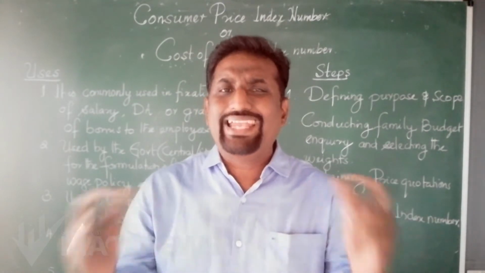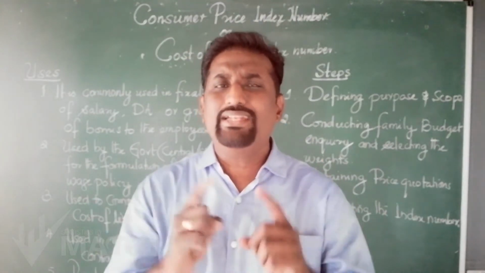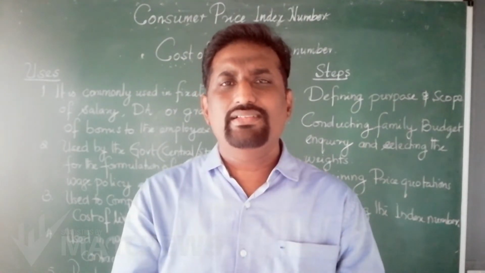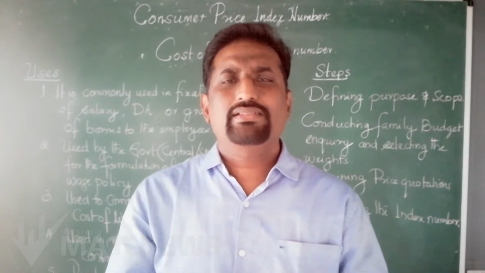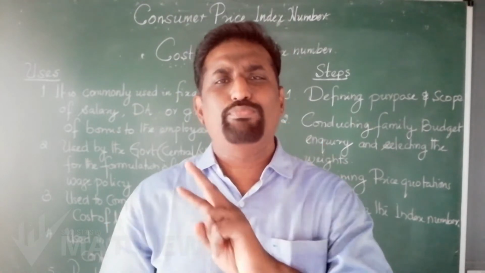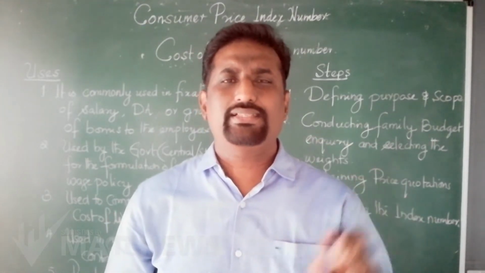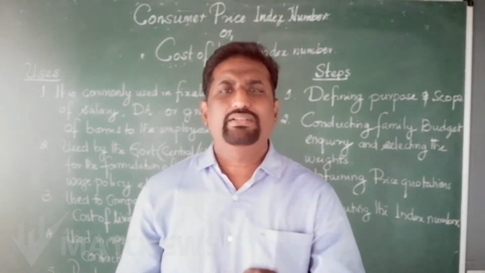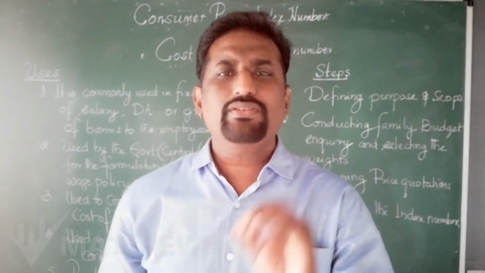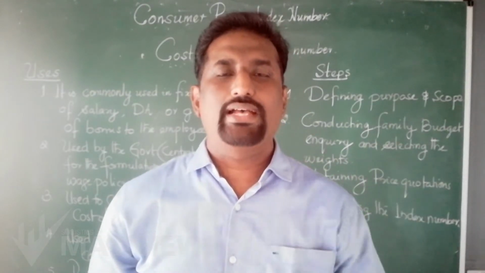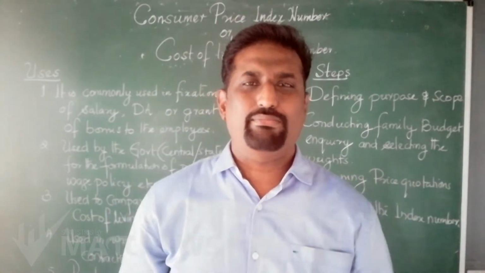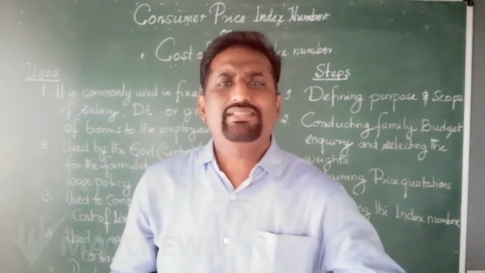In that, we found that one index number, Fisher's index number, satisfies almost everything, and especially 2 important tests, the time reversal test and the factor reversal test. That is one of the reasons why Fisher's index number is called an ideal index number or the best index number.